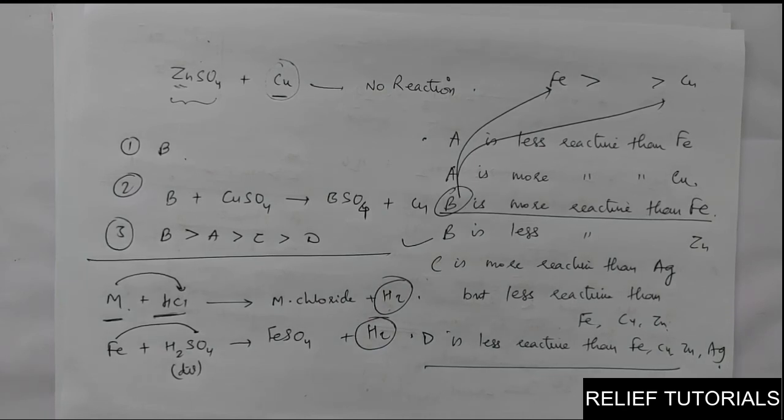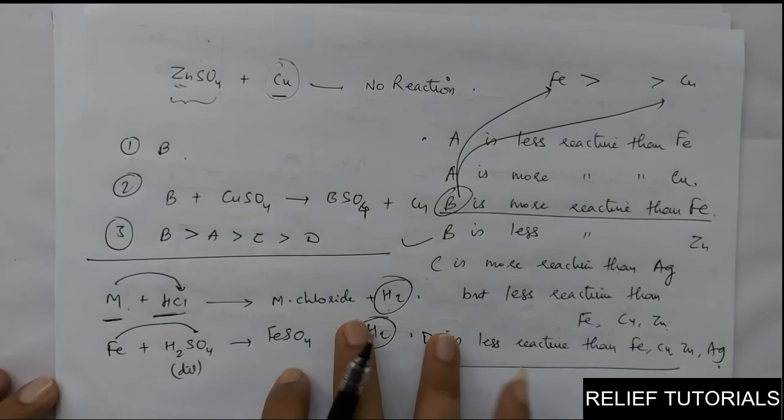Then the last question from page number 46: what would you observe when zinc is added to a solution of iron sulfate? So I think, as per the reactivity series, look at here.